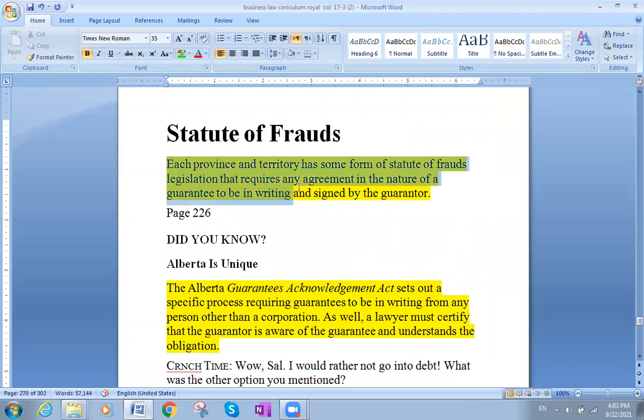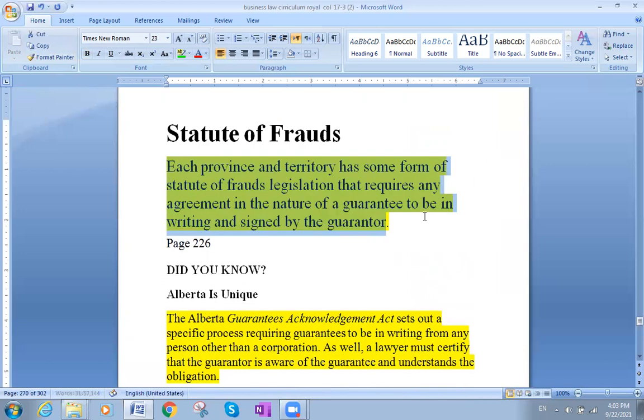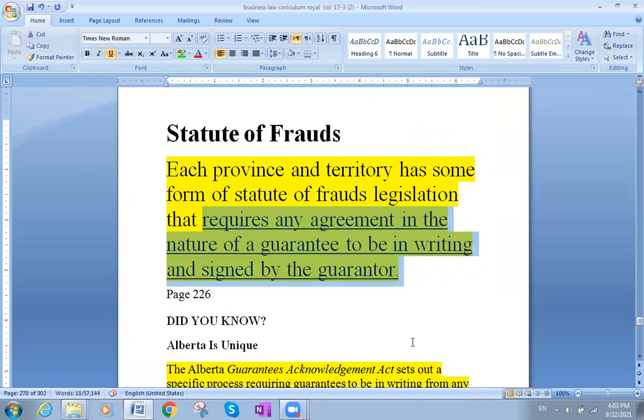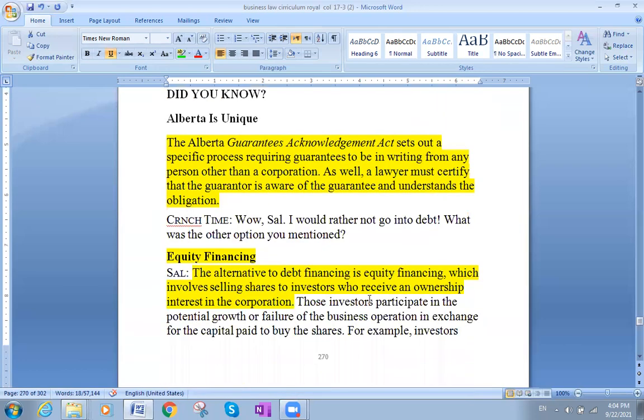Each province and territory has statute of frauds legislation that requires any agreement in the nature of a guarantee to be in writing and signed by the guarantor. So no guarantee agreement can be verbal. All guarantee agreements must be written and signed.